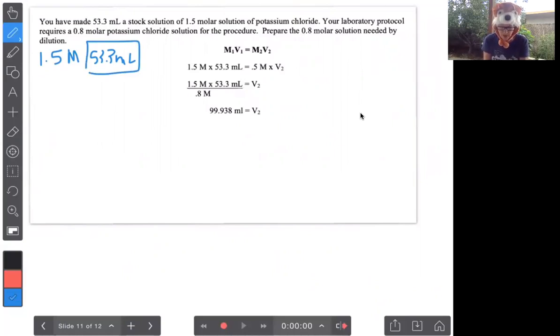Okay, so we have 1.5 molar, we have 53.3 milliliters, 0.5 molar times V2. Oh, this is a typo. This is supposed to be 0.8. Times V2, right? I don't like the X because then it's confusing.